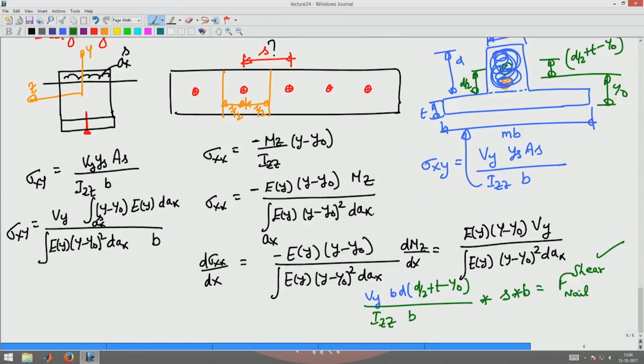So that is it for today's class. What you have looked at is how do you analyze an inhomogeneous beam, how do you find the axial stresses, how do you find the shear stresses, and how do you analyze for the deflection of the beam, okay. The basic equation is, basically there are two approaches.